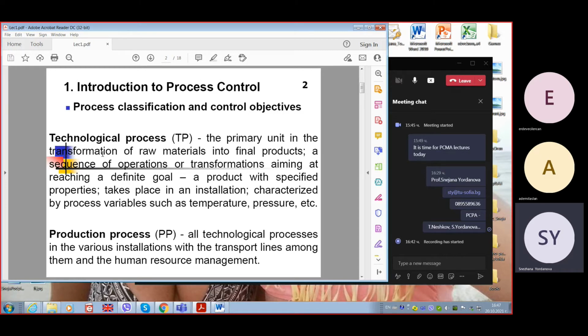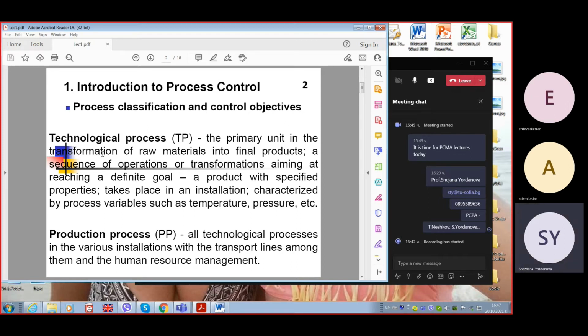Production processes, they synchronize or coordinate the technological processes, more than one, that take place, like what I gave you as example. Technological process in a room can be related with comfort microclimate, but it can be related also as optimal utilization of light, of heating.